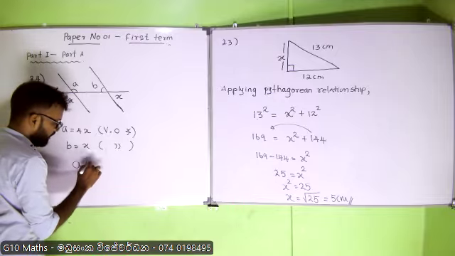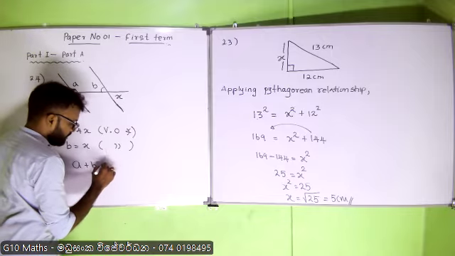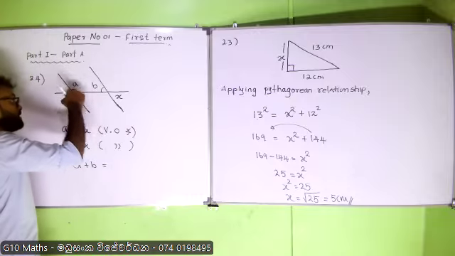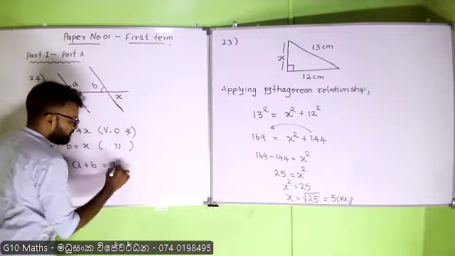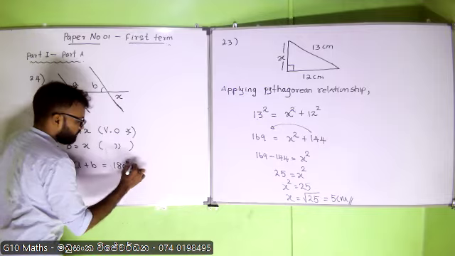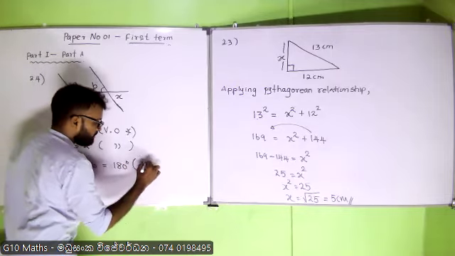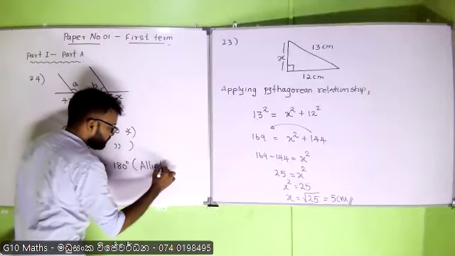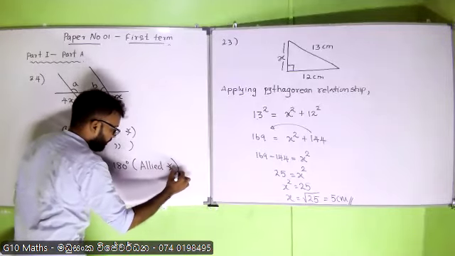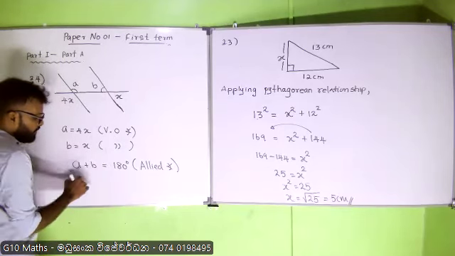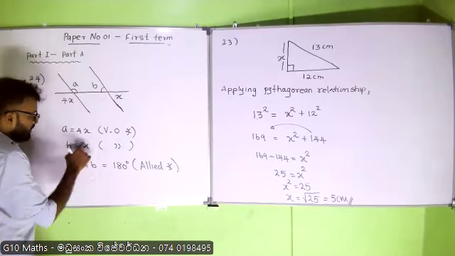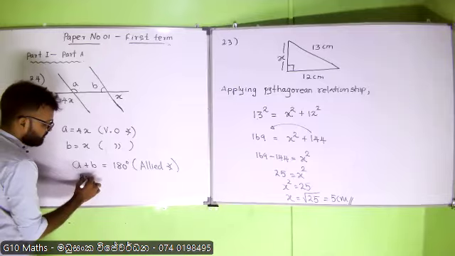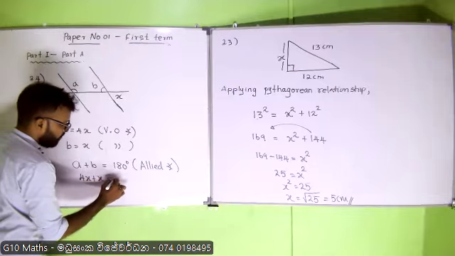I told you earlier at the beginning of the discussion: co-interior angles, A plus B equals 180. Reason, co-interior angles. A plus B means 4x plus x equals 180.